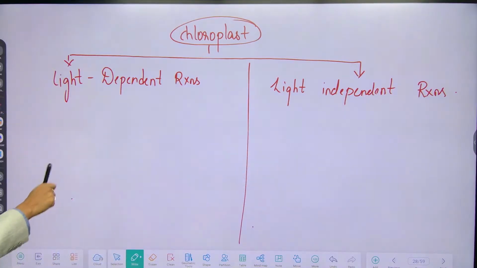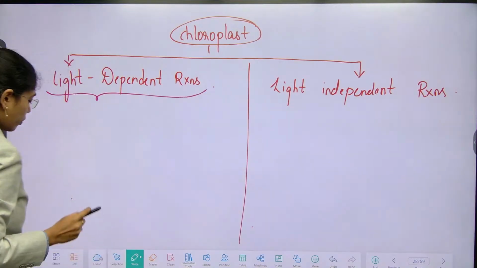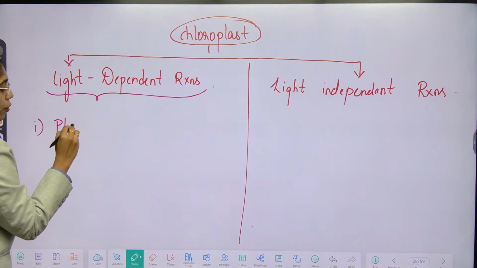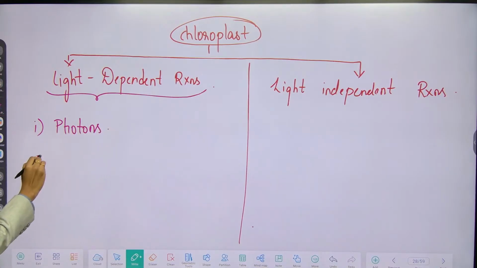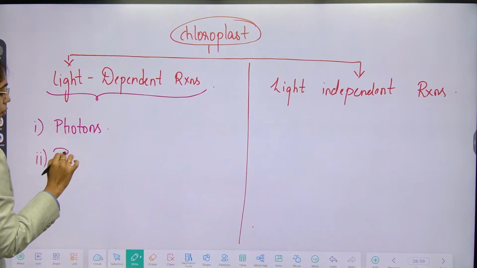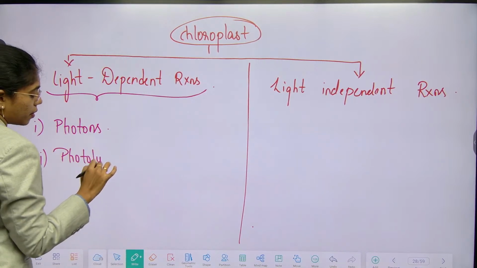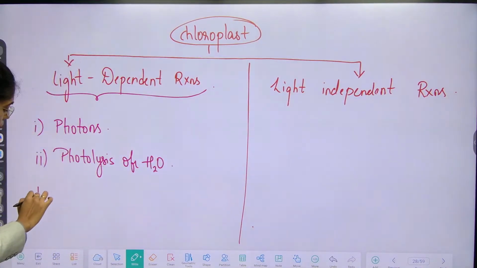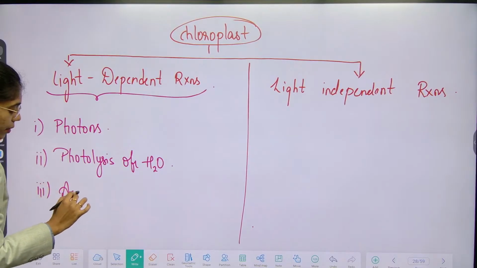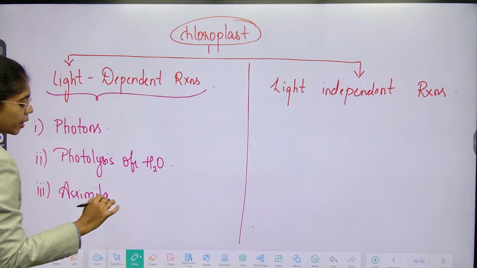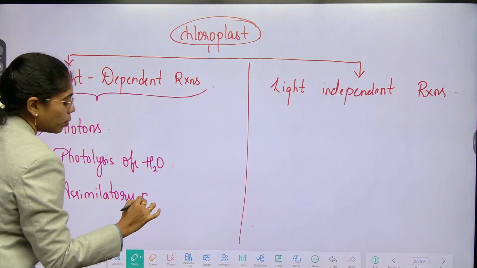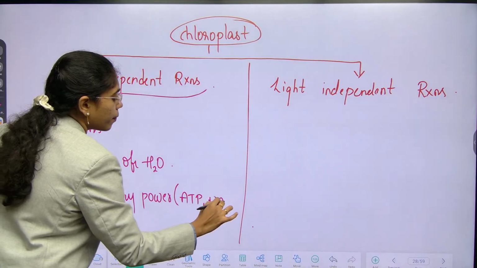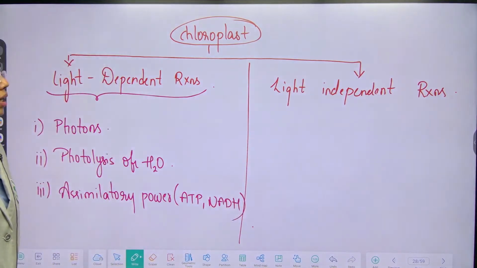There are three major events of light dependent reactions. First is absorption of light in the form of photons. Second is photolysis or hydrolysis of water. Third is formation of assimilatory power, which includes both ATP and NADPH.